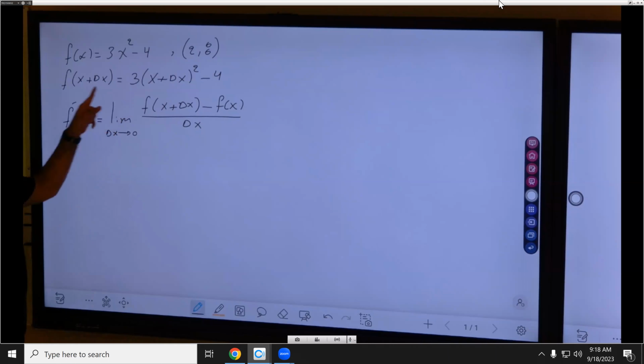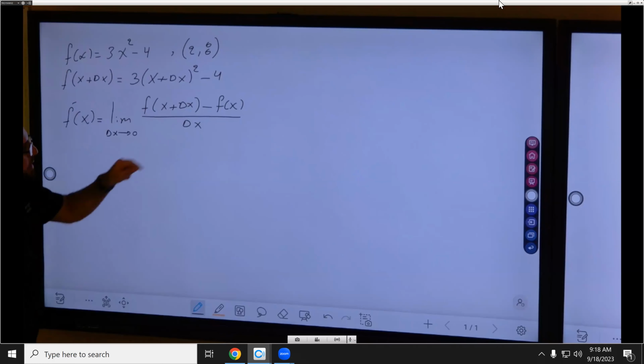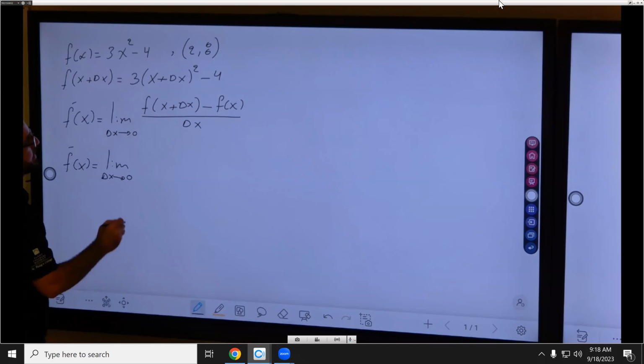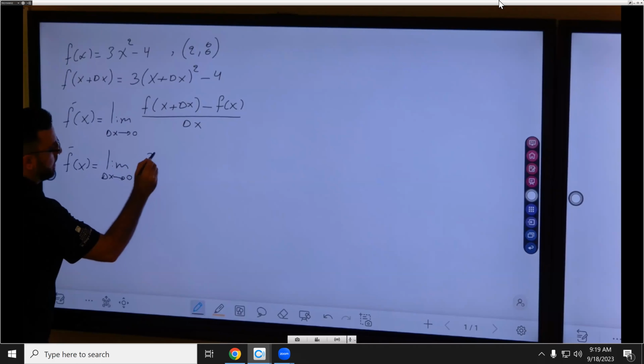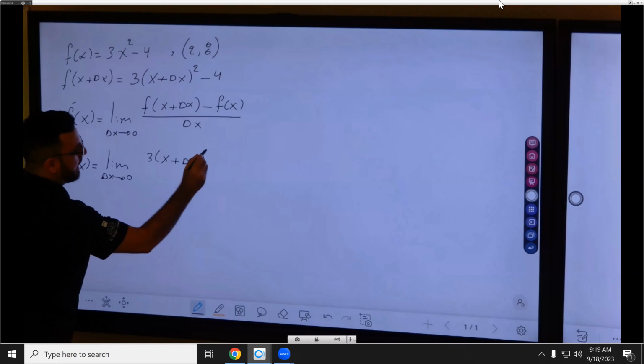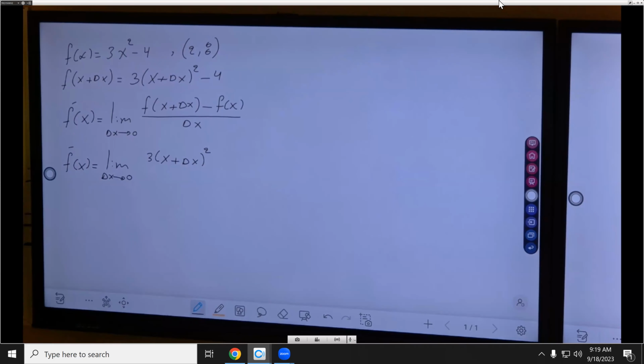I'm going to plug in, here is f of x plus delta x, I already have f of x, and here is delta x. That means the slope, which we're now going to call the derivative, is the limit when delta x approaches 0. f of x plus delta x is going to be 3 times x plus delta x squared minus 4.